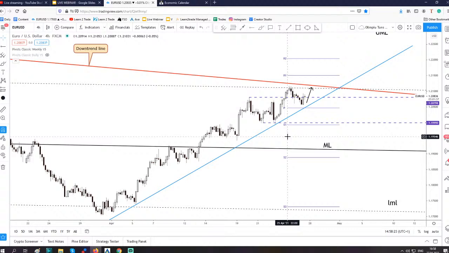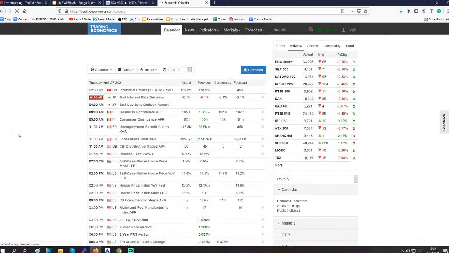And let's take a look also on the DXY. Right now is very important because in less than 1 minute the CB consumer confidence, the US CB consumer confidence will be released, and let's see how the market reacts. Okay, and let's take a look here on the 1 hour.